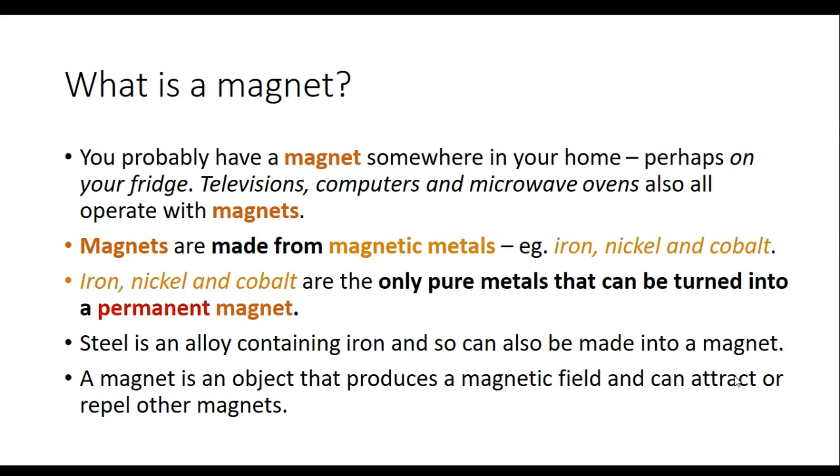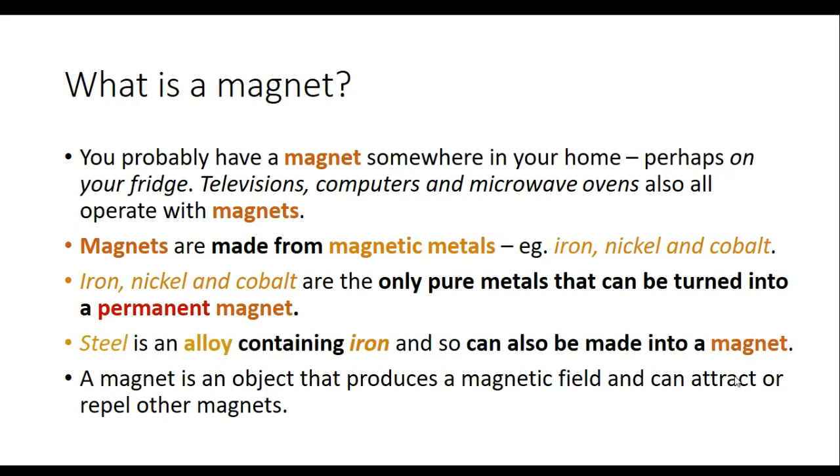They are the only pure metals that can be turned into a permanent magnet. That means that it is not temporary, as some magnets can be. They can temporarily be a magnet, but these pure metals can be turned into a permanent magnet, a long-term magnet.